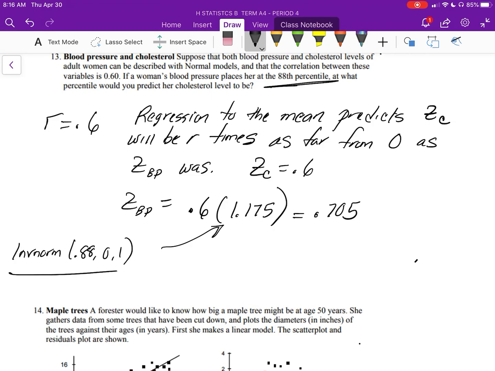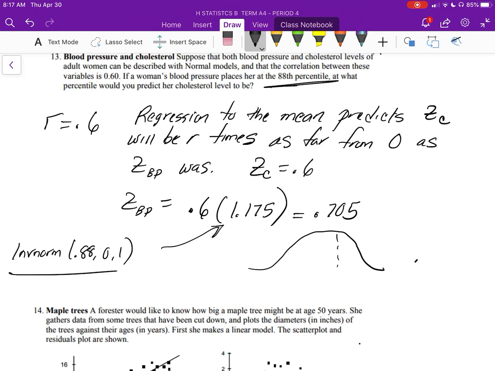So that is our Z-score. But the question's asking us, what percentile is that? So we're going to have to work backwards again, and ask ourselves, at 0.705, what percentile are we at?